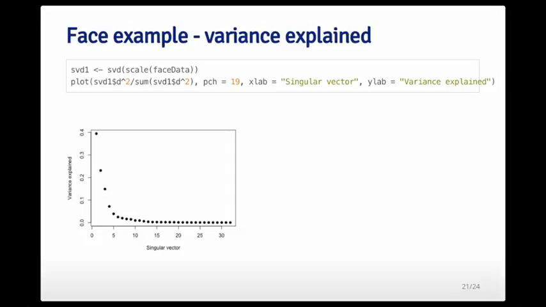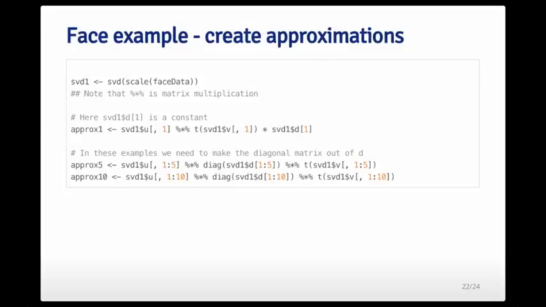We can actually look at the image that's generated by, say, the first singular vector, or the first 5, or the first 10. So we can take a look at that. The idea is that we're going to use a little bit of matrix multiplication to create an approximation to this face that uses fewer components than the original data set.